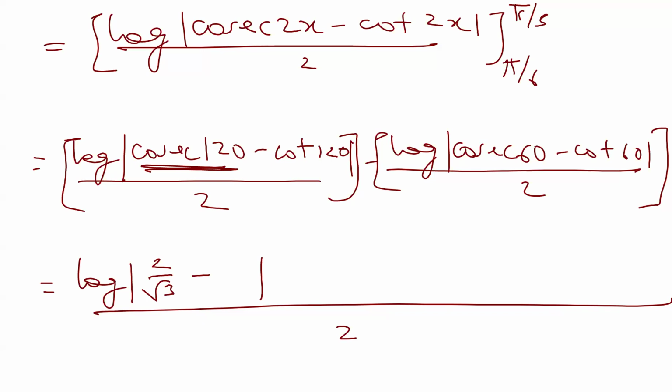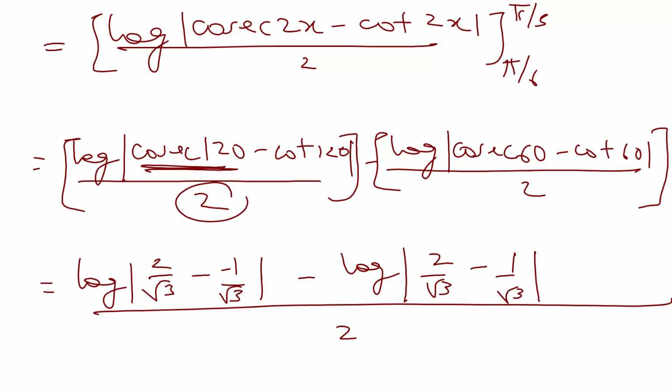So cot 120 will be minus 1 upon root 3. Minus cosec 60. Sin 60 is root 3 by 2, so this is 2 by root 3. Cot 60. Tan 60 is root 3, so cot 60 is 1 by root 3.